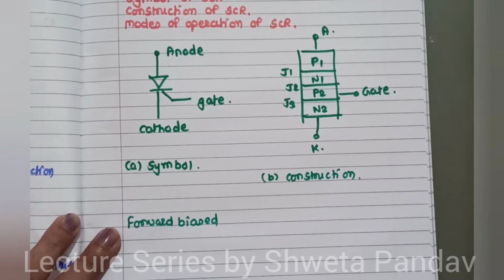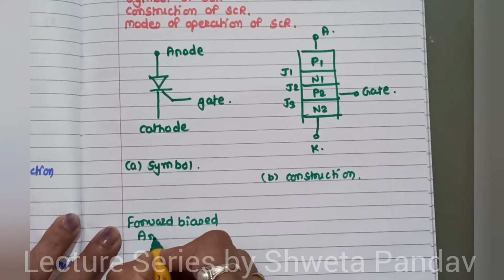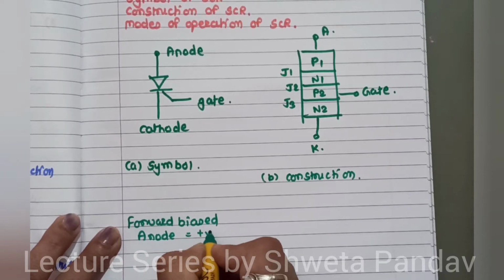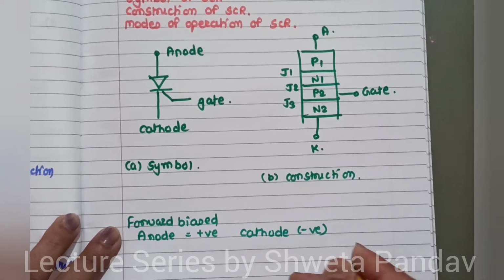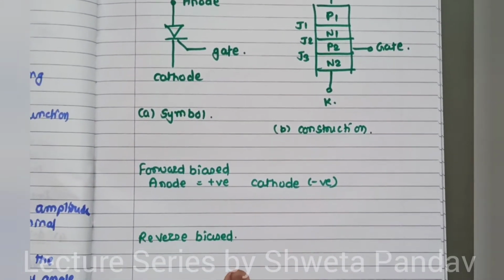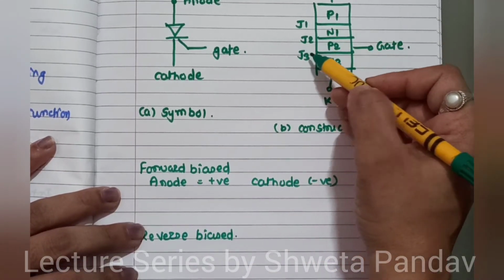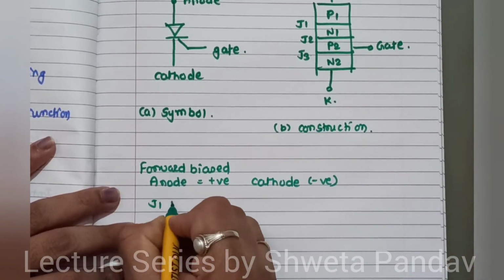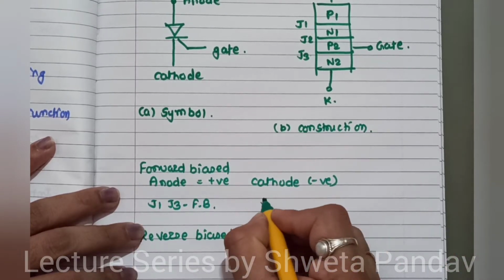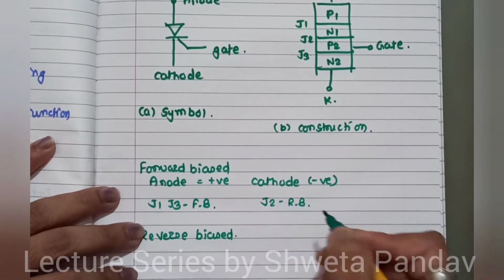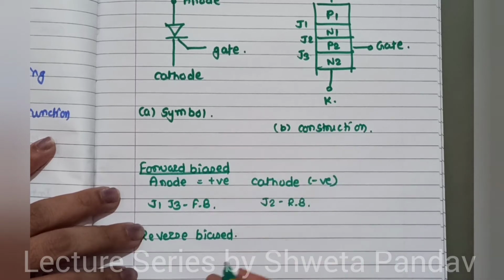Whenever the anode of an SCR is connected to the positive terminal of the battery and the cathode to the negative terminal, the SCR is forward biased. During forward bias, J1 and J3 junctions are forward biased, and J2 junction is reverse biased. And during forward bias, anode current flows across the SCR.